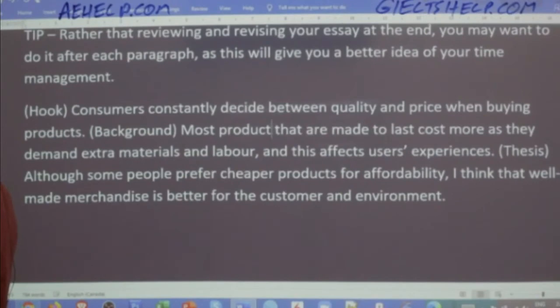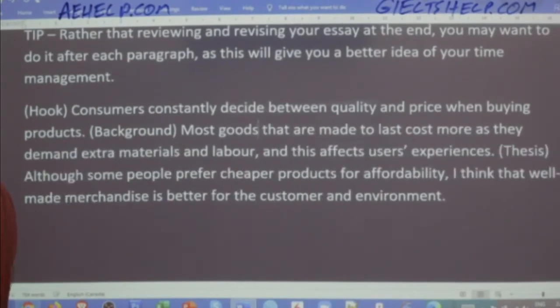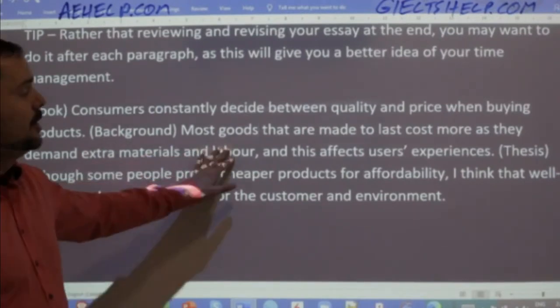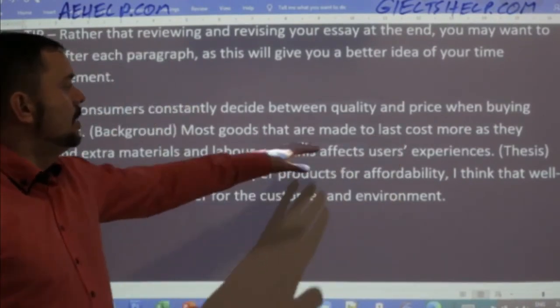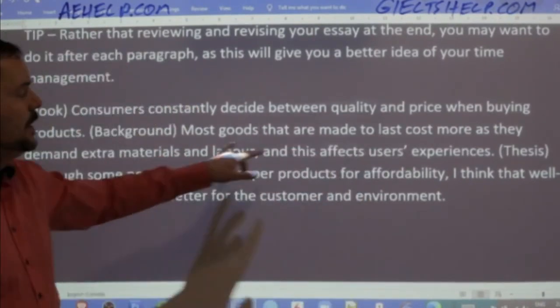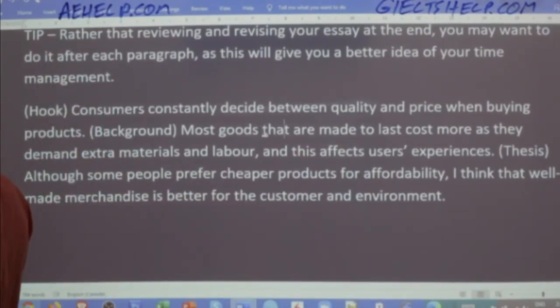I don't think I've used the word goods, so I'm going to use goods. Okay, so most goods that are made to last, okay, cost more. Now, made to last, most goods that are made to last, that's going to be a hyphenated word.